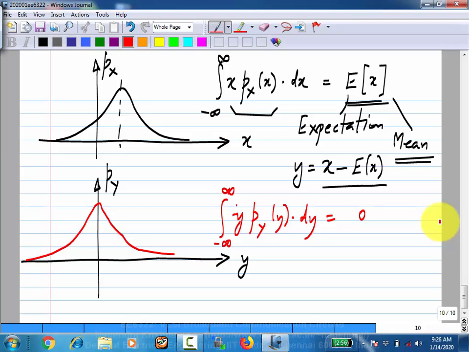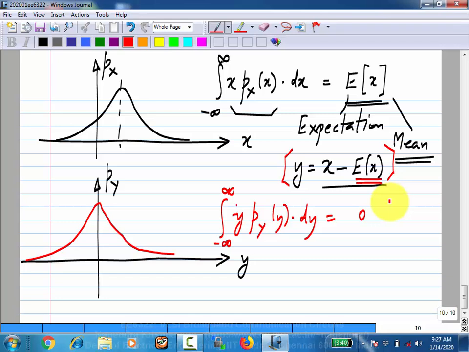Now, in practice, even if you have some random process with non-zero mean, we can always subtract off the mean and make it a zero mean random process. So all of the random processes that we deal with will have zero mean. If you find that something doesn't have a zero mean, you can always subtract off the mean and deal with a zero mean process.